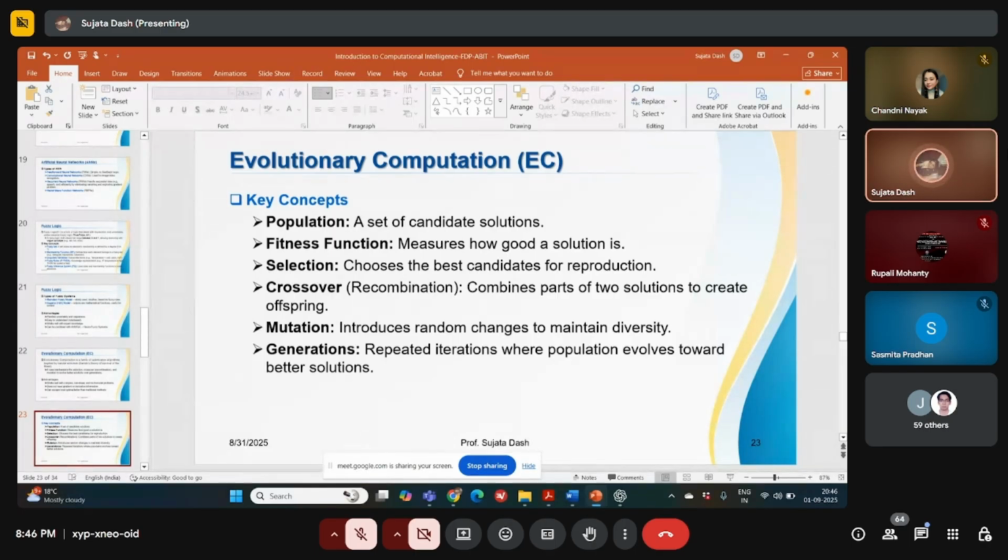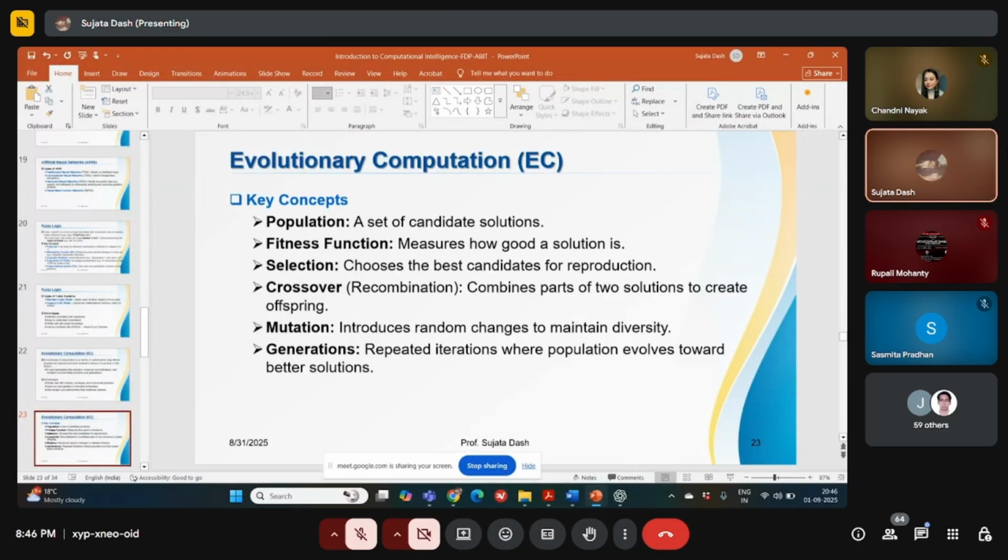Then comes the fitness function. It is a measure of how good a candidate solution is. It guides the search process, and the fittest solutions are more likely to survive and reproduce further.